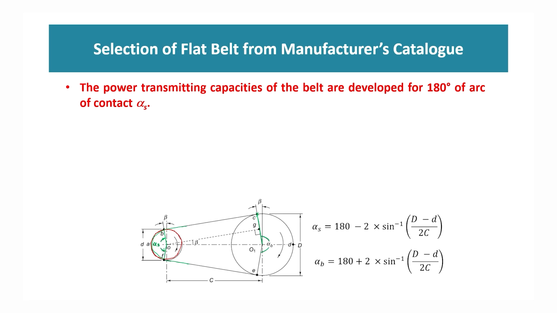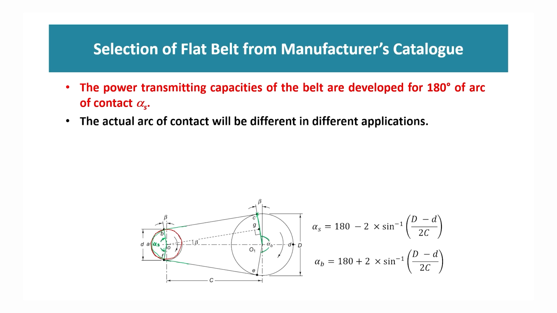Now, the power transmitting capacities of the belt drive are developed for 180 degree of arc of contact alpha s of the driving pulley. The actual arc of contact will be different in different applications.